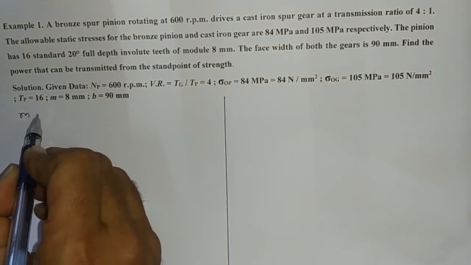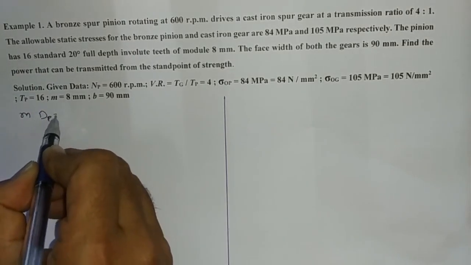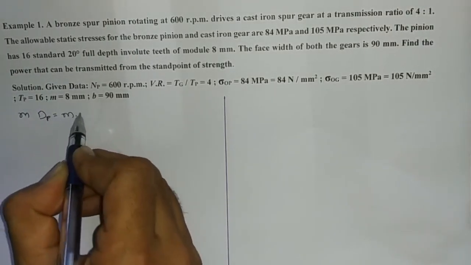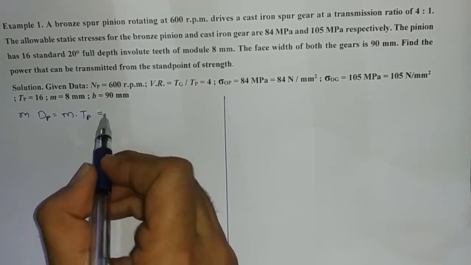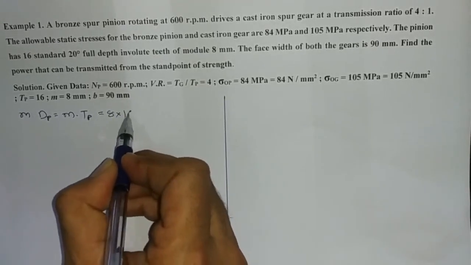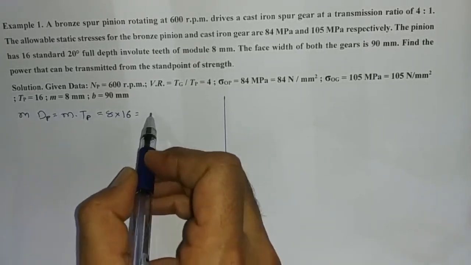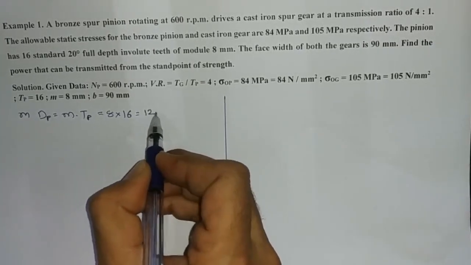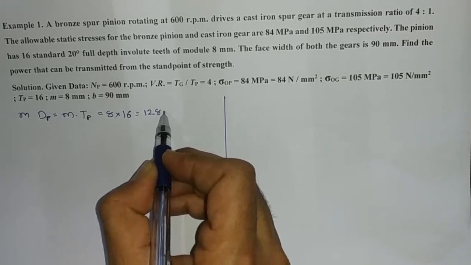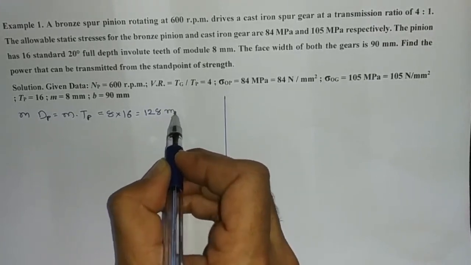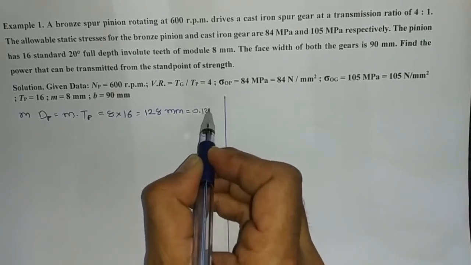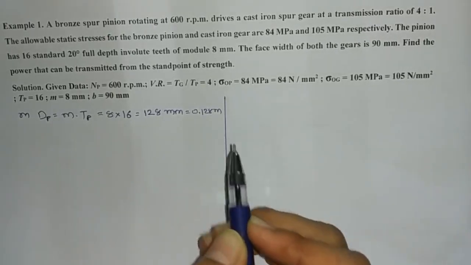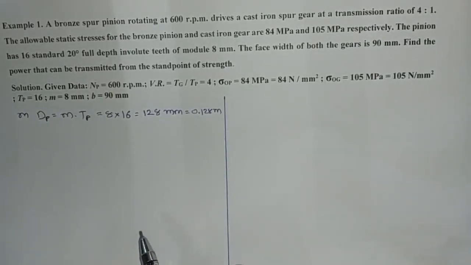Now put the value m is equal to 8 and Tp is equal to 16. So therefore pitch circle diameter is equal to 128 millimeter, which is equal to 0.128 meter.